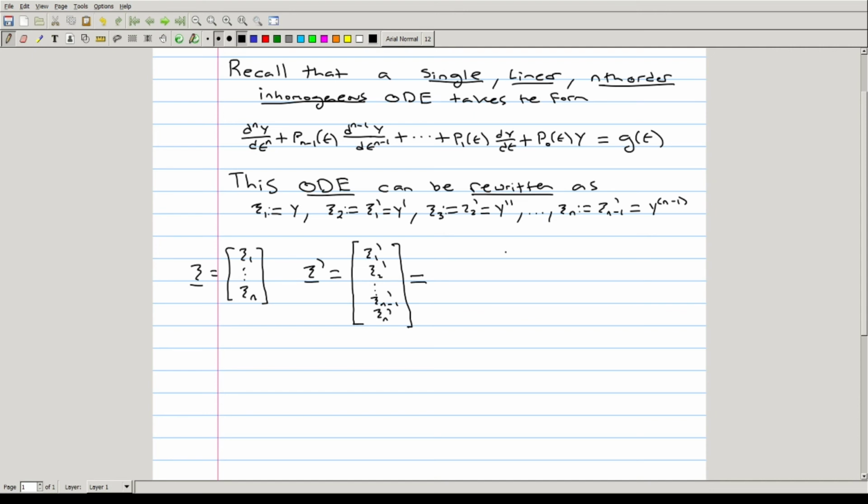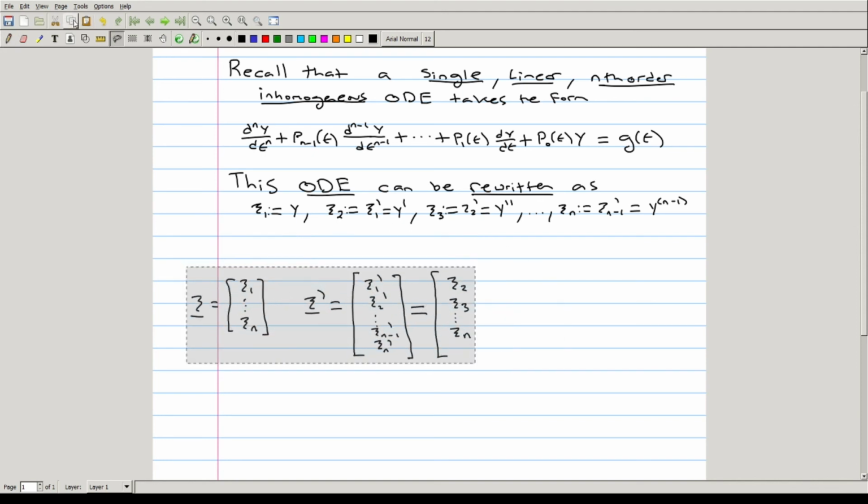And then this is equal to xi2, xi3, and so on and so forth, all the way down to xi n, and then xi n prime, or y^(n), can be solved for by just using this differential equation.